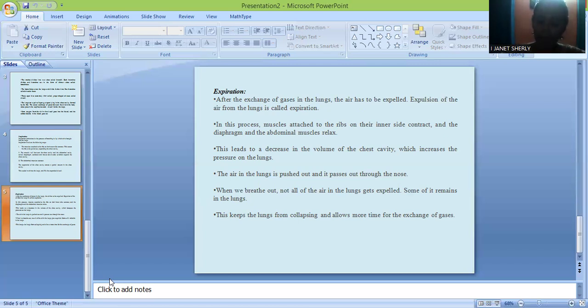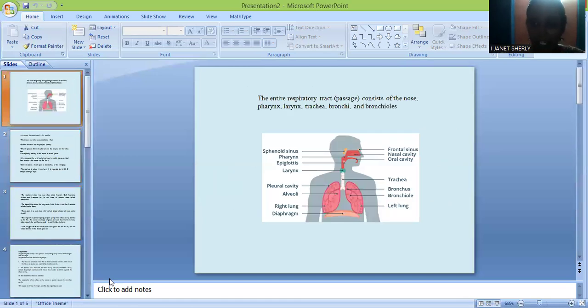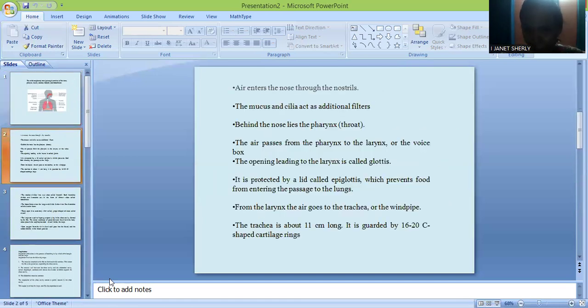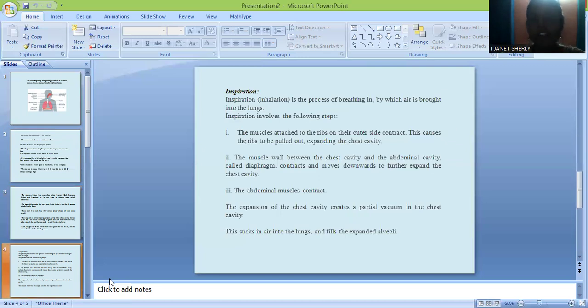I think so far we have discussed the entire respiratory tract, which involves the nasal cavity, pharynx, larynx, glottis, epiglottis, trachea, bronchus, bronchioles, alveolar ducts, and lungs. And then we slowly entered into the process of inspiration and expiration.